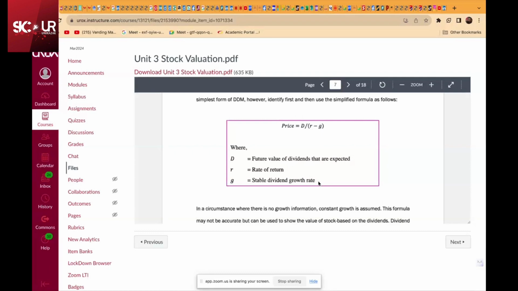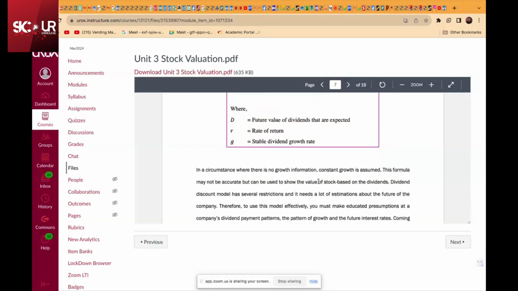So in circumstances where there is no growth information, constant growth is assumed. And this formula may not be accurate, but can be used to show the value of stock based on the dividend.